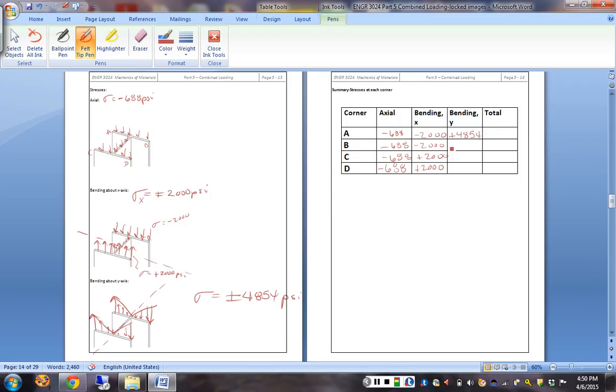At B, it's compressive. At C, it's tensile. And at D, it's compressive. So then you just add them up. So you end up with my previously prepared finished product.